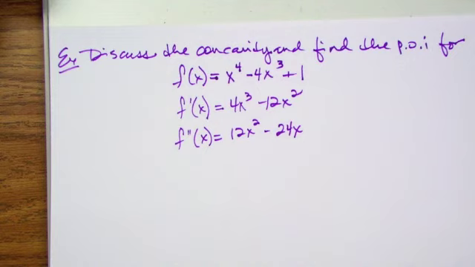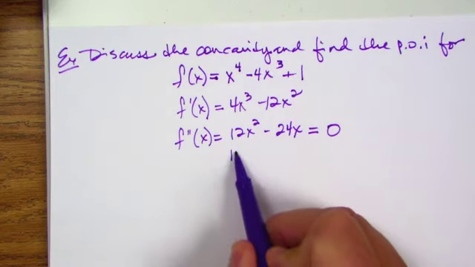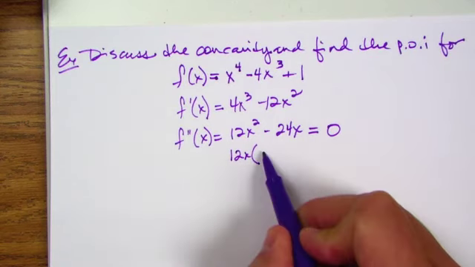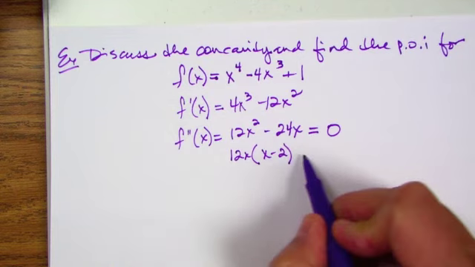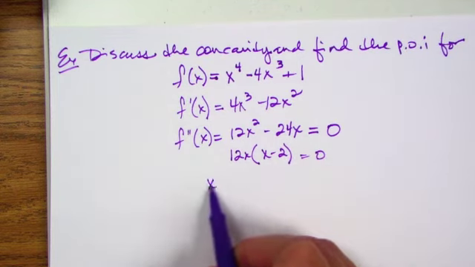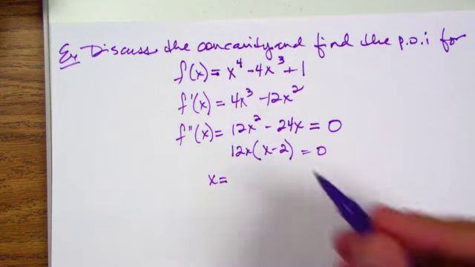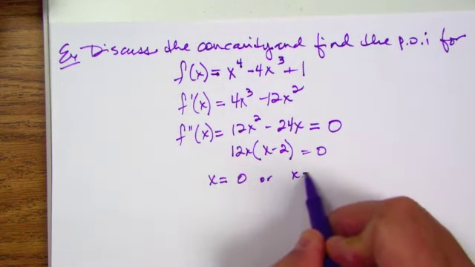If I'm looking for the points where concavity changes from positive to negative, I need to know where it might be either 0 or undefined, just like before. So we'll set this equal to 0. I can factor out 12x, and that leaves me with x minus 2. So x can either equal 0 or 2.